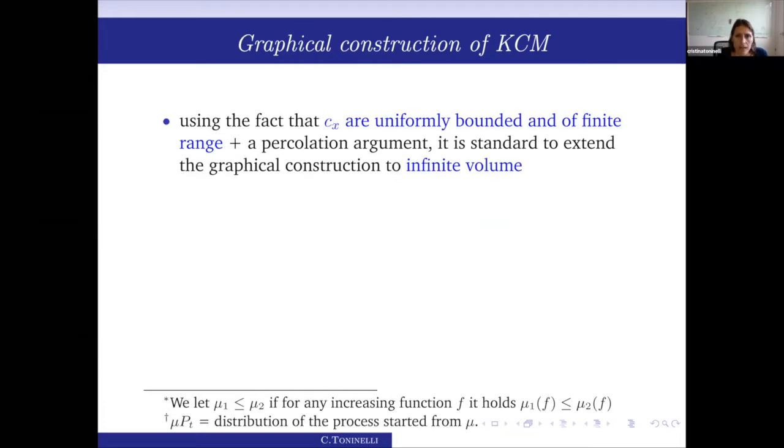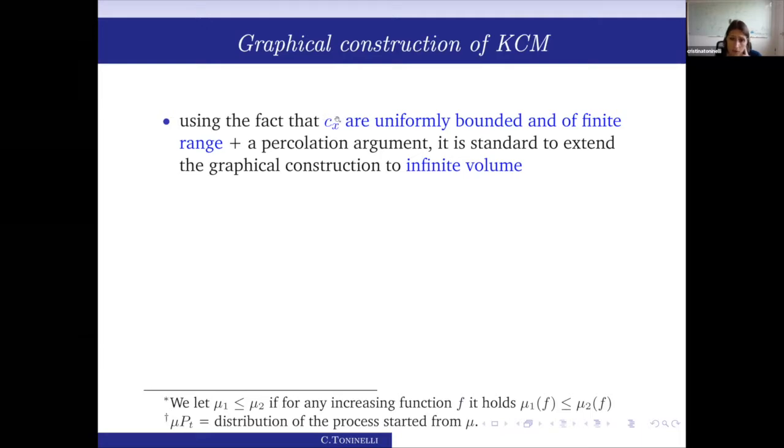Okay, so as I was saying, I needed to make the graphical construction because we will need it later on, but just on finite volume. But we will be dealing most of the time with the models in infinite volume. But then it's the standard argument for interacting particle systems, using the fact that the constraints are uniformly bounded.